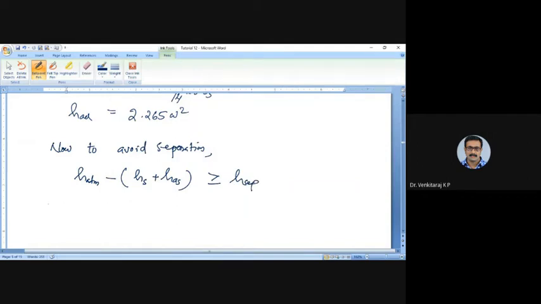So when n equals n max, we have H ATM corresponding to maximum speed. We have HS plus HAS equal to H separation.